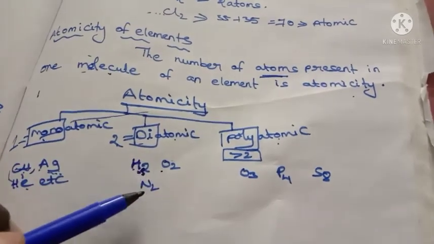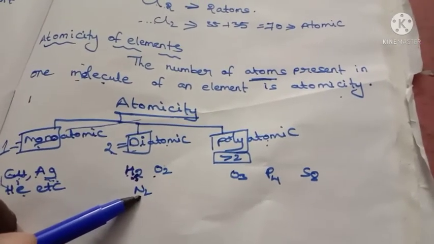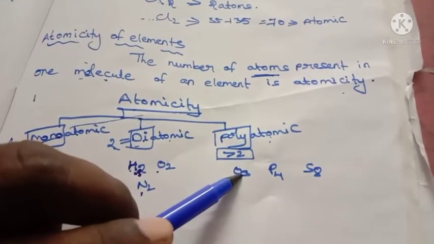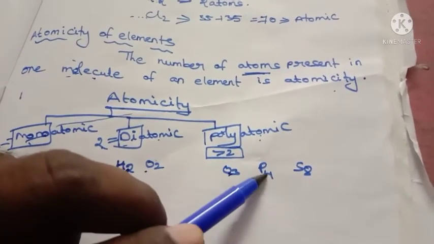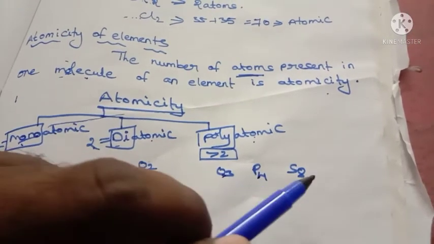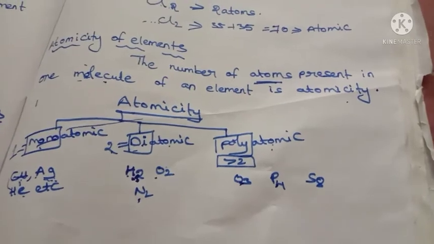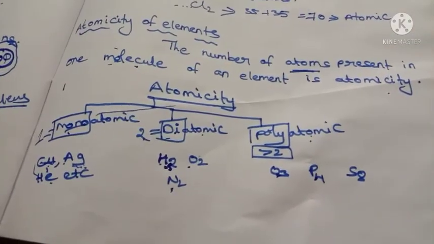Here also 2. Oxygen. What about nitrogen? 2. Come here, polyatomic. Here what is the atomicity? 3. What is the atomicity here? 4. Like this, the atomicity can be mono, di and poly.